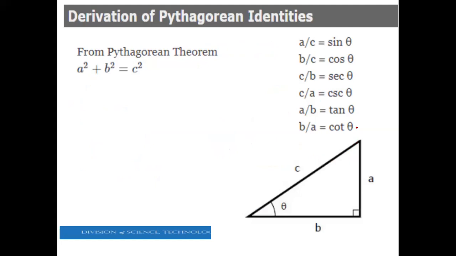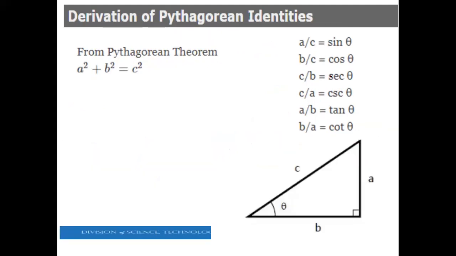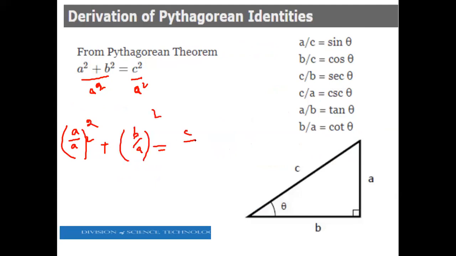Third Pythagoras identity. If you divide both sides by c square, we have a divided by c whole square plus b divided by c whole square equal to c divided by c whole square.